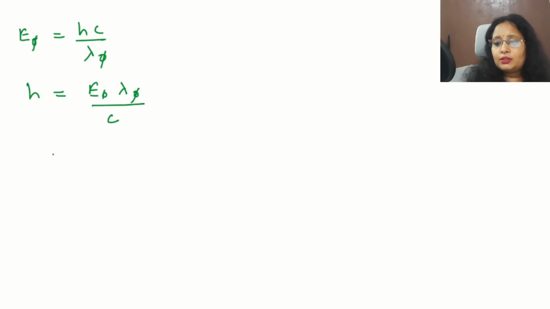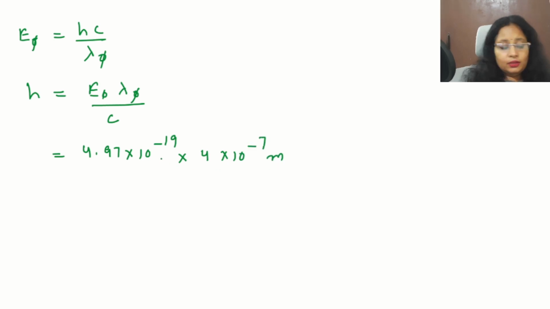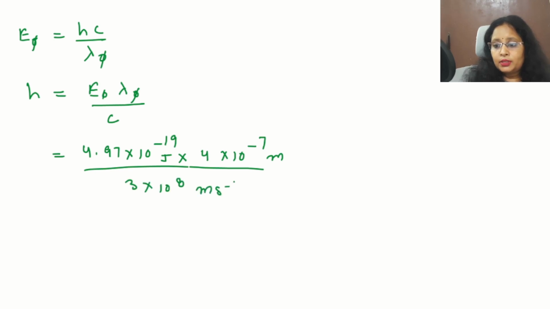upon C. Substituting the values, E naught we have taken as 4.97 into 10 to the power minus 19, into the threshold wavelength, 4 into 10 to the power minus 7 meter, upon 3 into 10 to the power 8 meter per second.